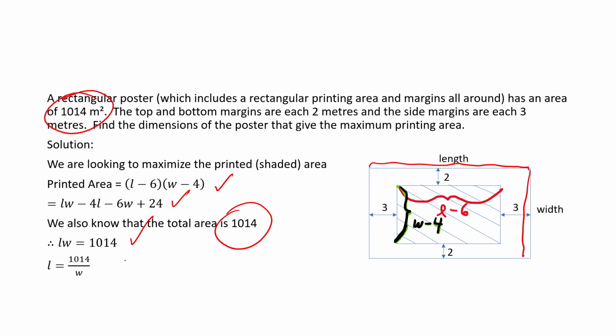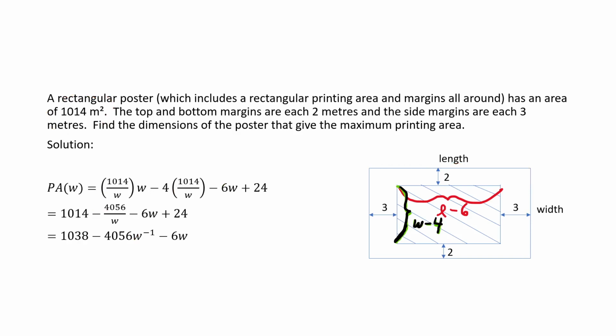So since LW is 1,014, that means L is 1,014 over W. We're going to take that expression for L and plug it in for the L's up there. When we do that and collect like terms, we ultimately get a printing area as a function of W equaling 1,038 minus 4,056 W to the negative 1 minus 6W.